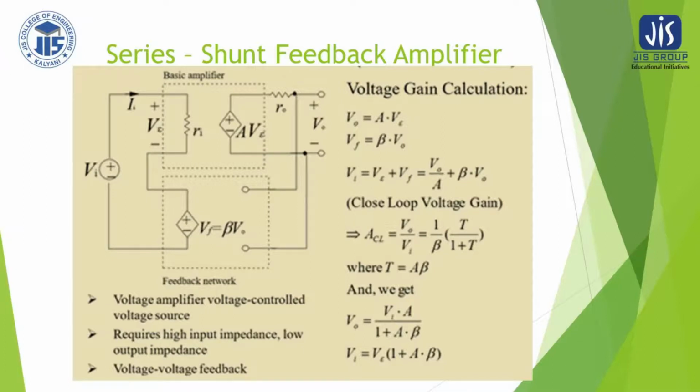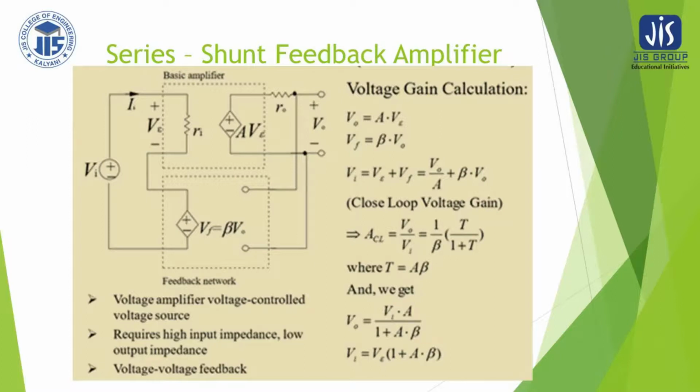Therefore replacing Vs into this equation, we get Zin given by Vi plus beta AV Vi, divided by I input. Now see, if I take Vi common, it gives Vi divided by I into 1 plus A beta. Now what does it mean? Vi by Ii: Vi is the voltage across the input impedance of the basic amplifier, where the input current is flowing through the input impedance of the basic amplifier.